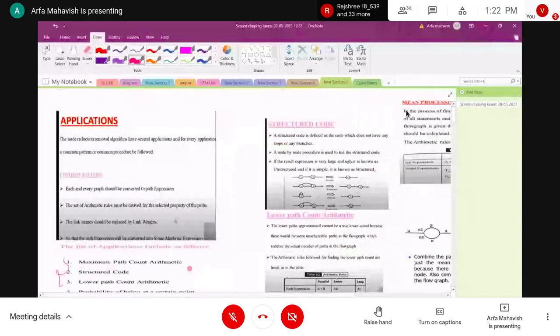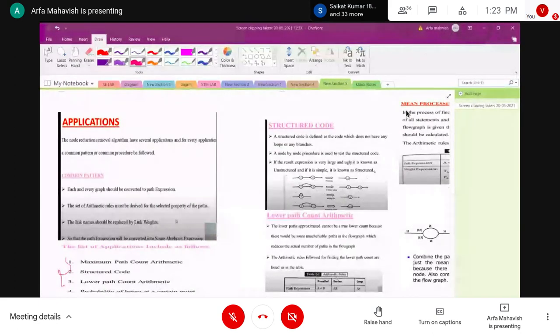So next we have the structural count. A structural count is defined as code which does not have any loops or any branches. So in the structural count, it won't accept any kind of loops or any kind of sub-branches. When we find any kind of loop, that is not a structural point; it comes under the non-structural point.